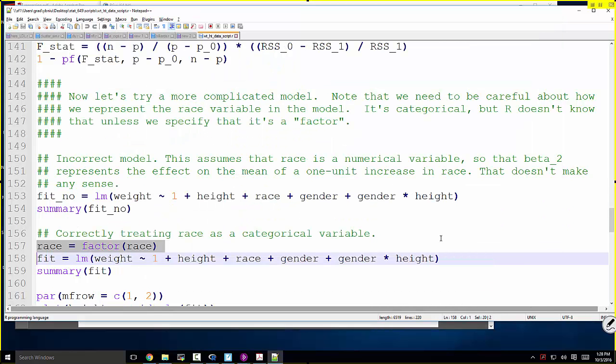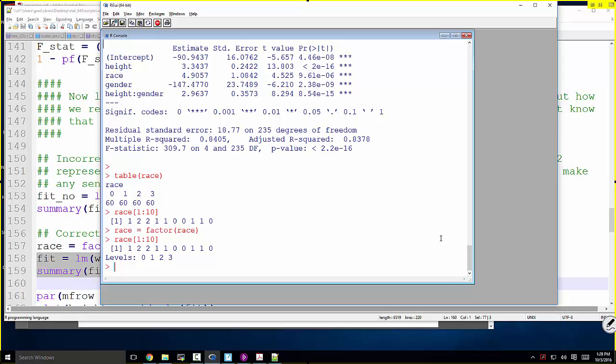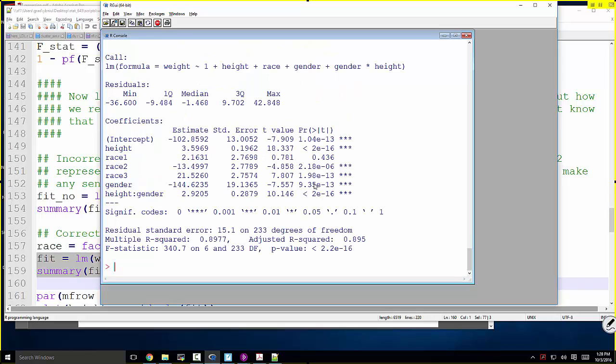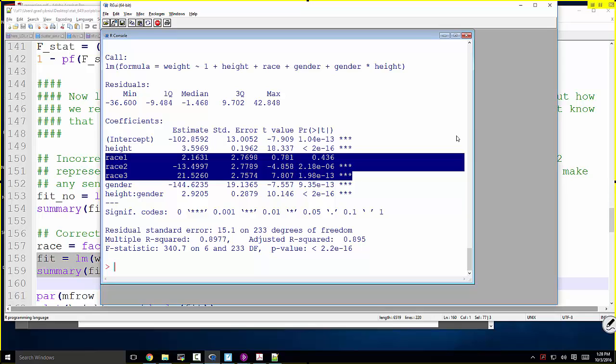So here is fitting that same model, but using race correctly. And you see you get a different looking output. There's now 3 coefficients for race. What R does by default, whenever you set up a categorical variable through a factor, is take one of your levels of the categorical variable.